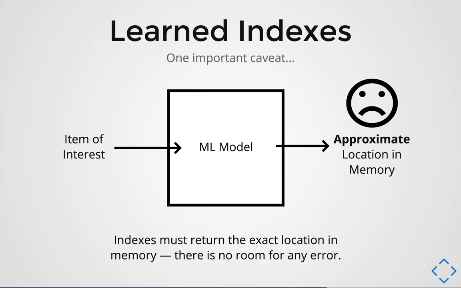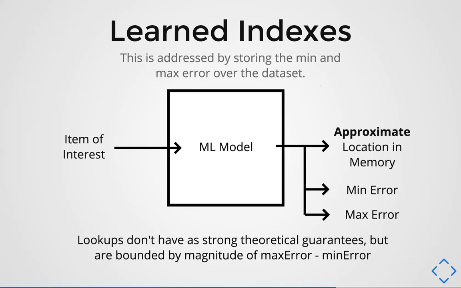But the index has to return the exact location. An approximate location is not enough. If Tim's record is at offset 7 and my machine learning model returns offset 10, that's wrong and it didn't actually help me. So they address this in a pretty straightforward brute force kind of way. Every time we perform a round of training and we produce an approximate location in memory, we just make a note of what the actual location in memory was, and we track the overall minimum error, meaning off by the most negative amount, and maximum error, off by the most positive amount.